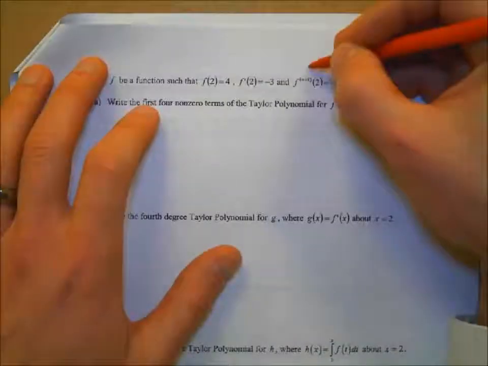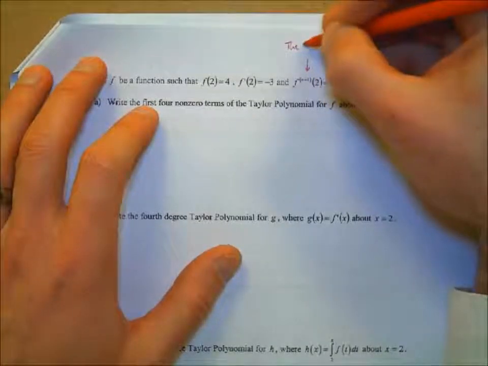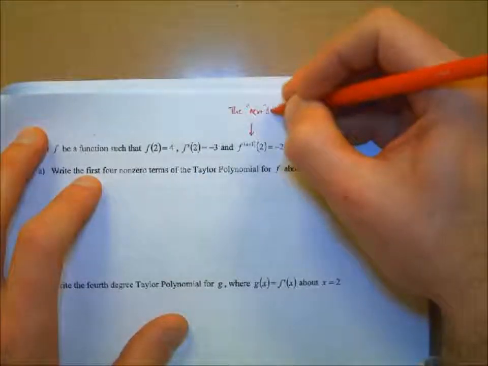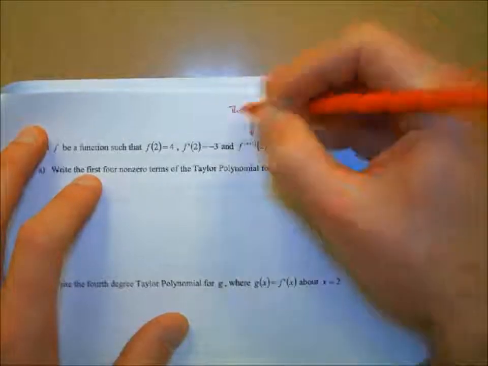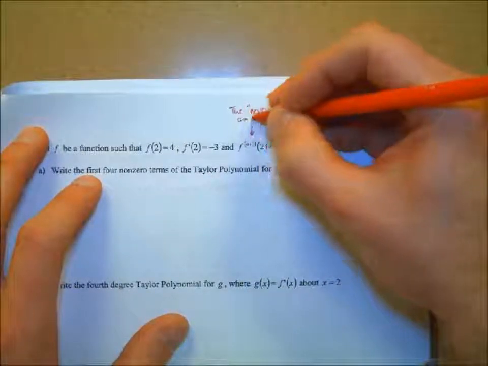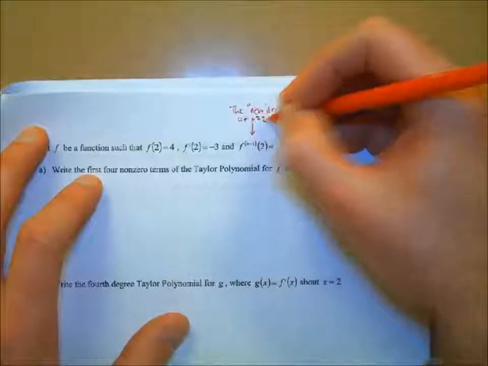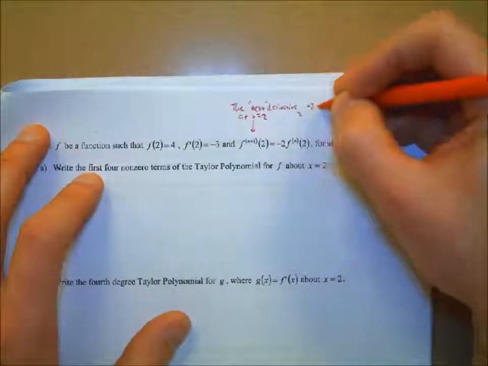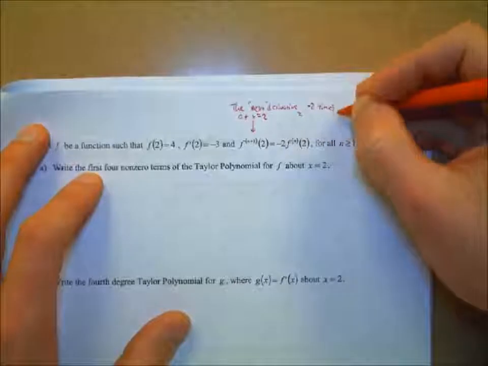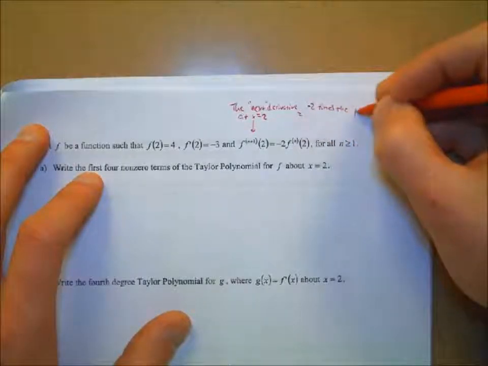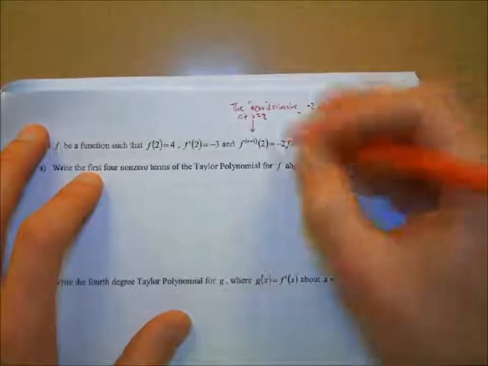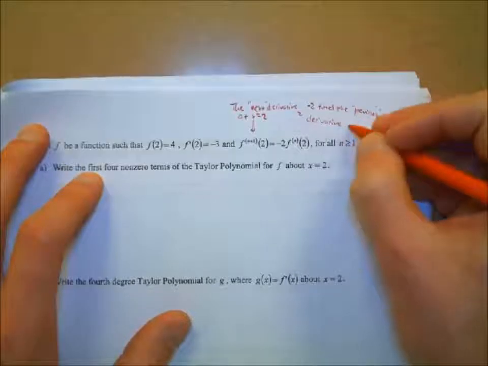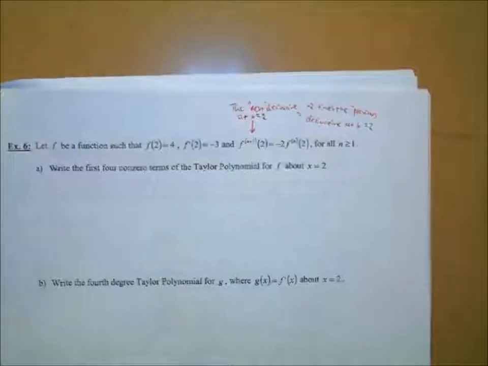So the next derivative at x equals 2, right, next because it's n plus 1, is equal to -2 times the previous derivative, the nth derivative, at x equals 2.